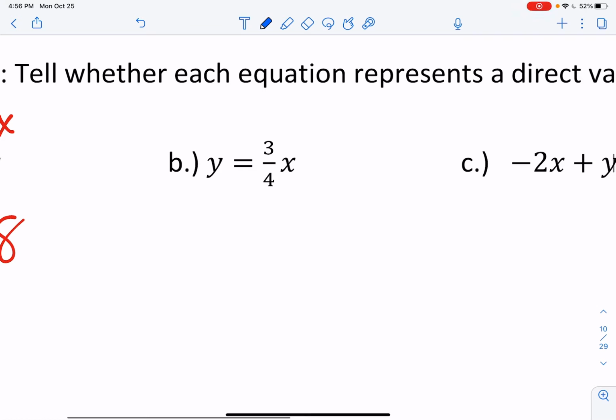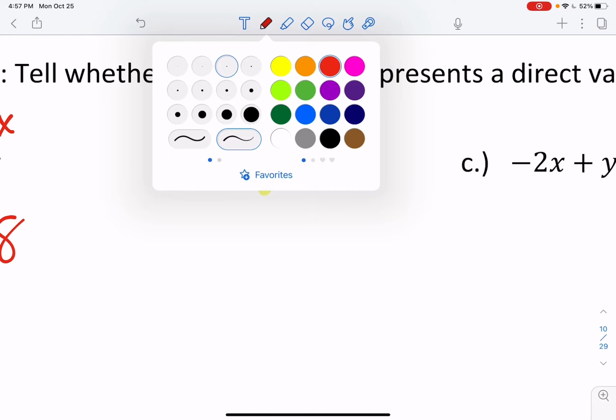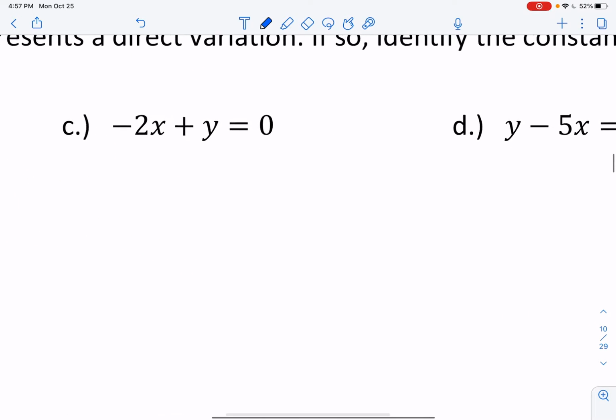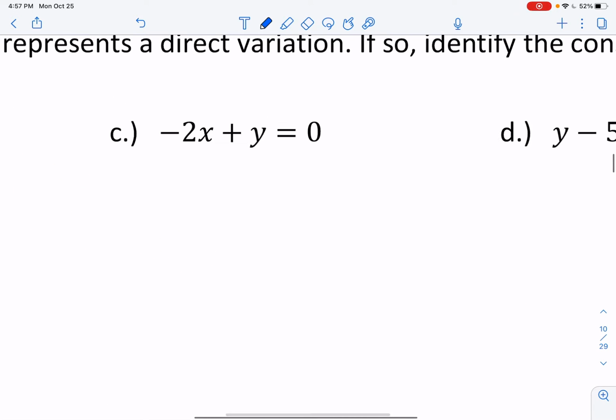This one, does that follow the format y equals kx? In this case, k would just be 3/4. So k equals 3/4.